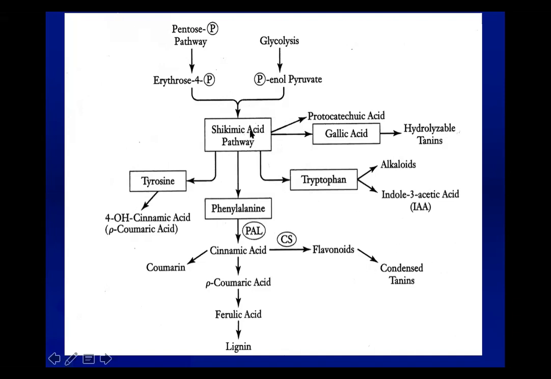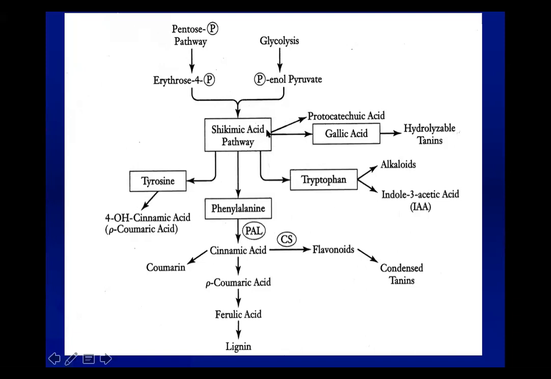On the other hand, the shikimic acid pathway also generates tryptophan, an amino acid, and from tryptophan, alkaloids. Indole 3 acetic acid is a very important phytohormone, and it is produced from tryptophan.